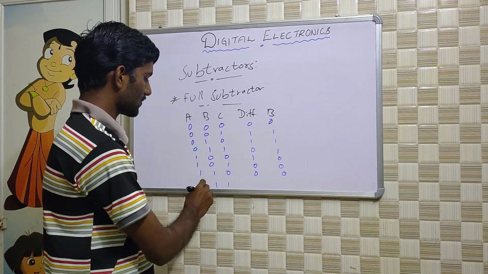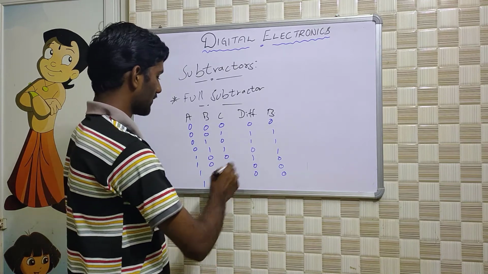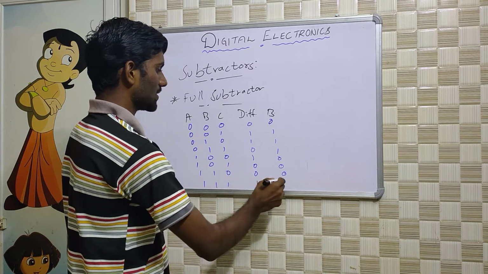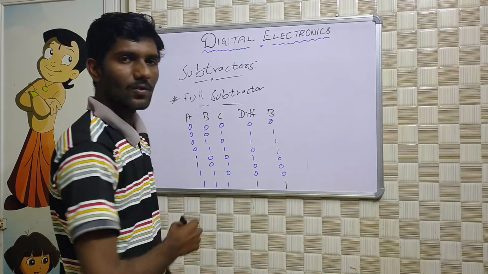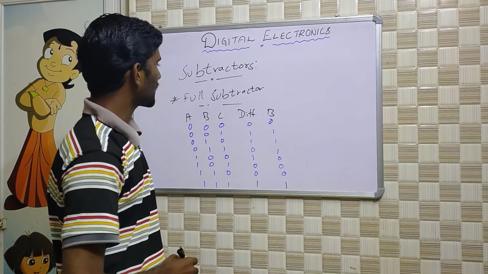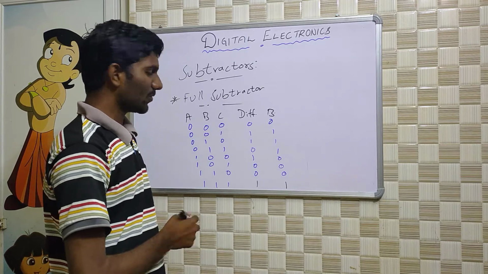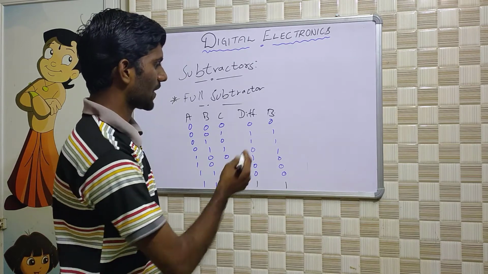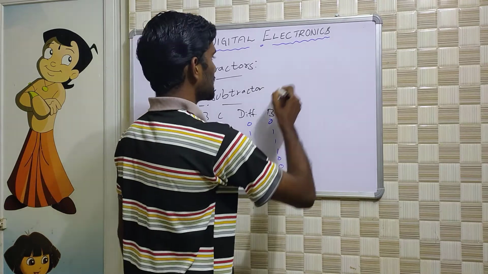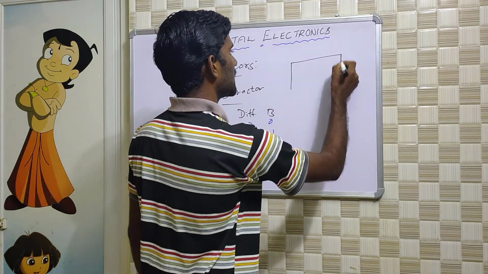So here the difference will be 1 as well as the borrow is also 1. So this is the truth table for full subtractor. Now we'll see the K map for difference as well as for borrow. Since it is 3 variables, we need to take 8 cells.